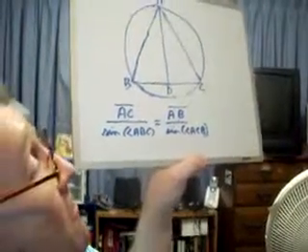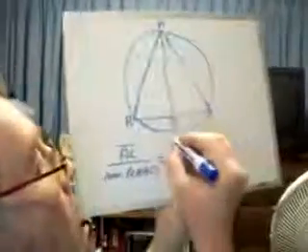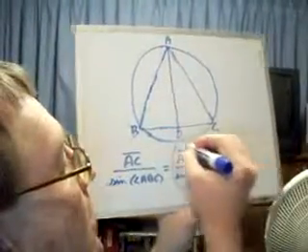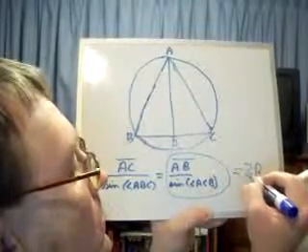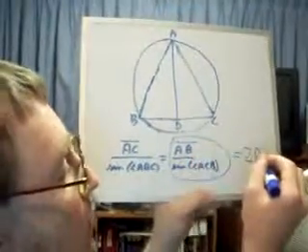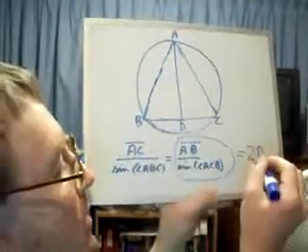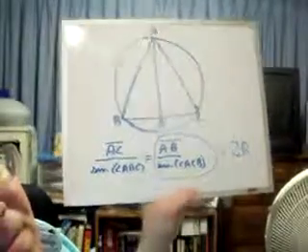I bet it does. There's just one final step. Didn't we say earlier that this one right here equals 2R? Of course we did. If this equals that and this equals this, then 2R equals that. Now you have your law of sines.